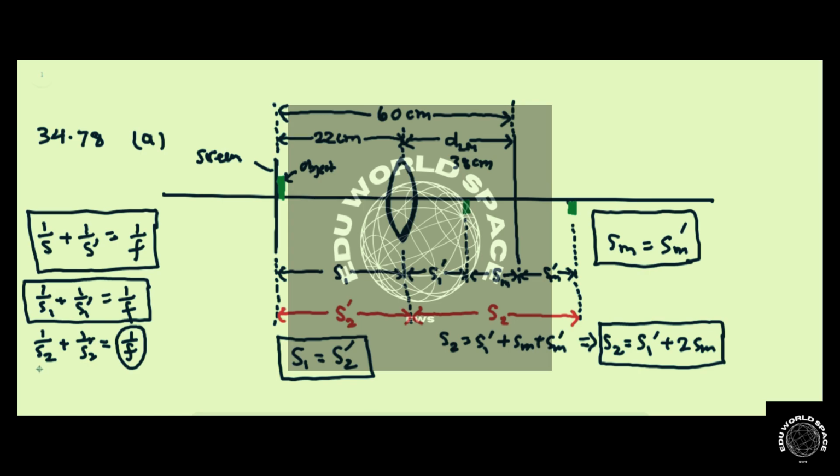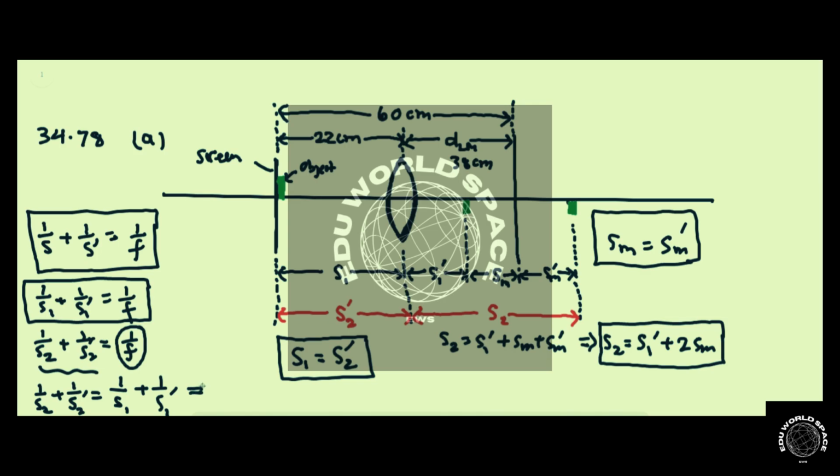So I'll just have this 1 over s2 plus 1 over s2 primed is equal to, and I'll substitute this on the right-hand side, 1 over s1 plus 1 over s1 primed. Okay. And now we're going to use the fact that S2 primed is equal to S1.